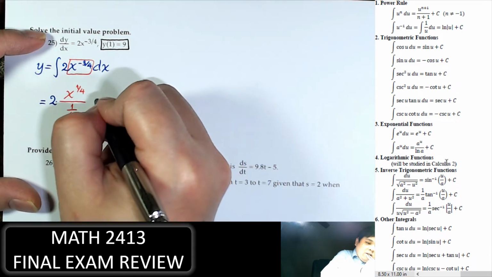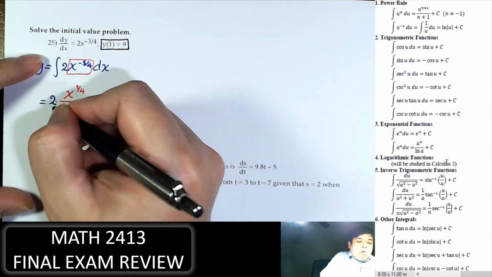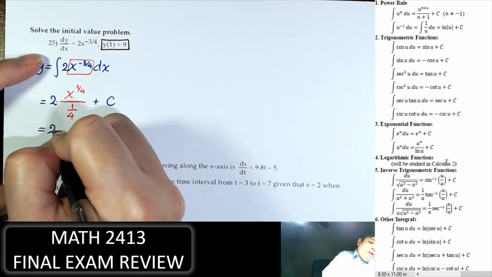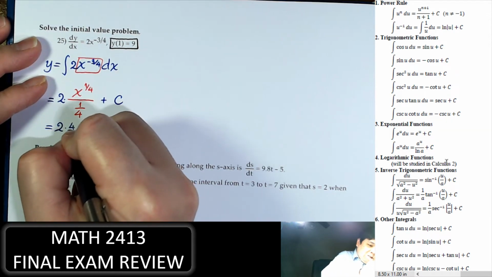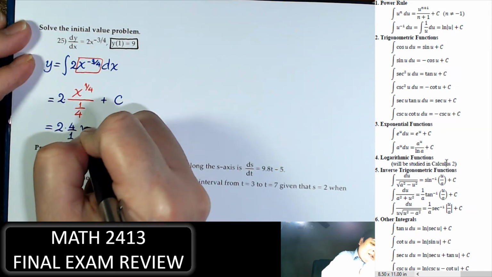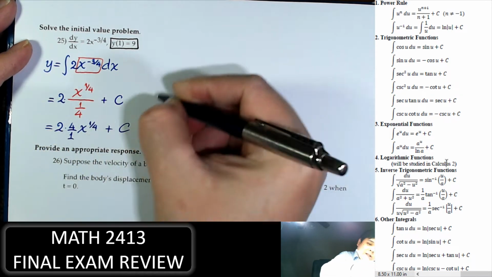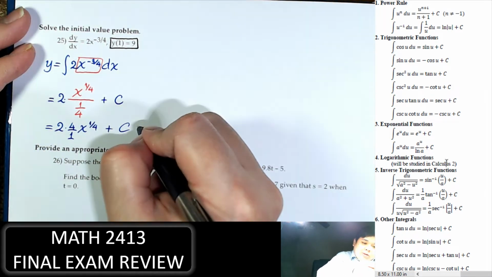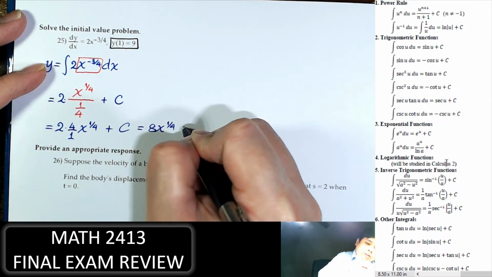And then plus a constant c. Right. Now dividing by 1/4 at the bottom is multiplying by the reciprocal. Right. So that gives us 8x to the 1/4 plus c.